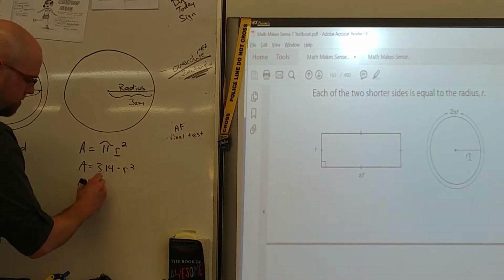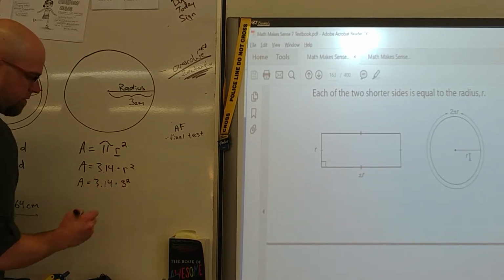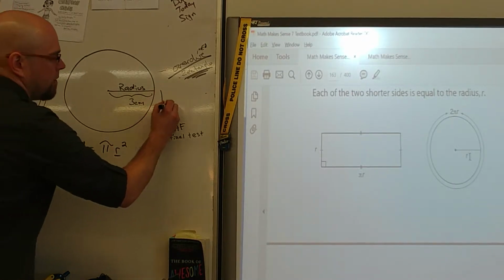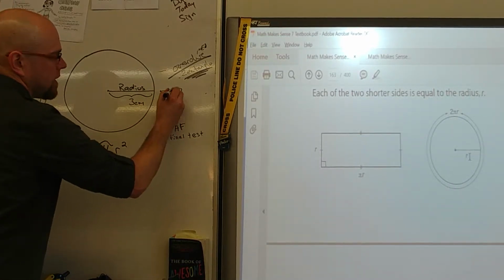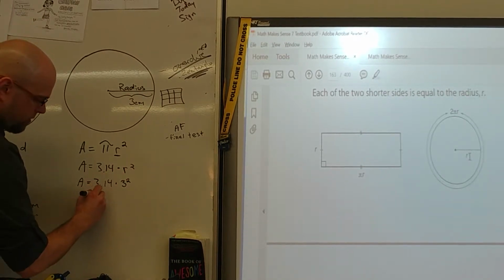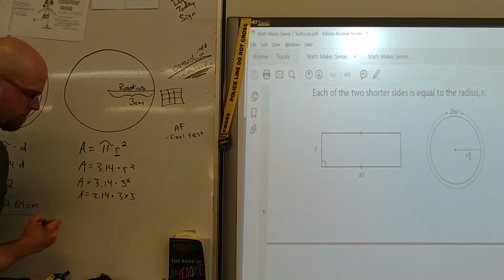Well, first, I have the radius is 3. 3 squared means if I had a square that was 3 on each side, how many squares would it be? It would be 9. Or that would be equal to 3.14 times 3 times 3.